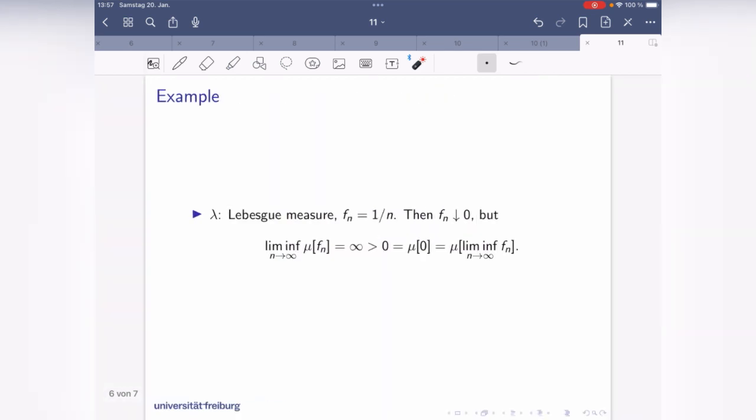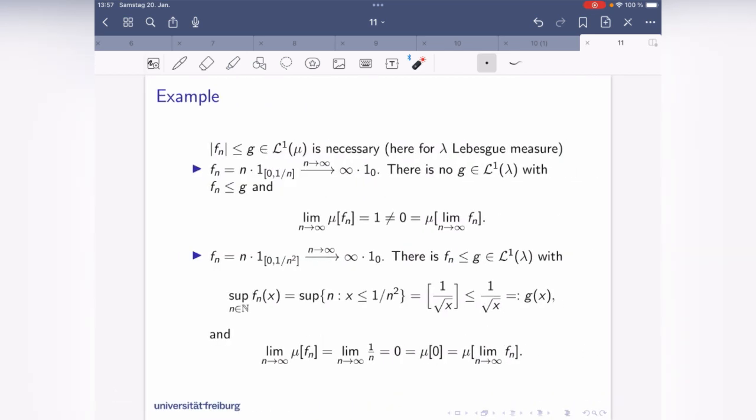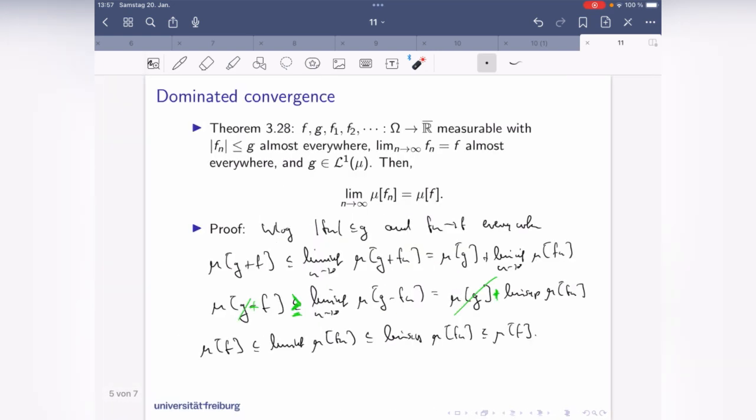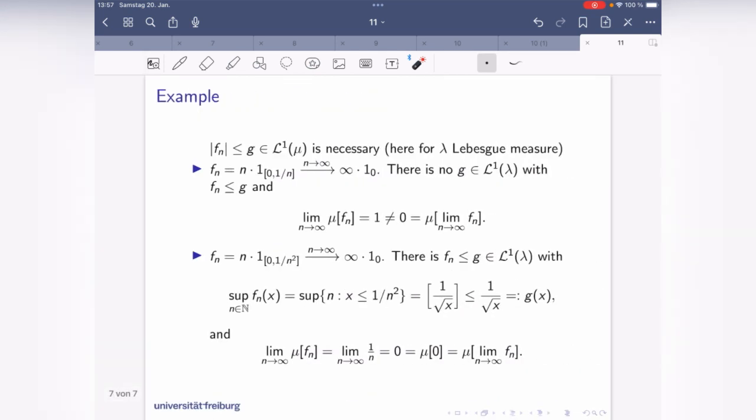So that's one thing, and the other thing is, in dominated convergence, it's a bit funny, the result, because you have a g here, which does not appear in the limit at all. So you might wonder, do I need the g at all? And yes, you need it. So here are two examples.